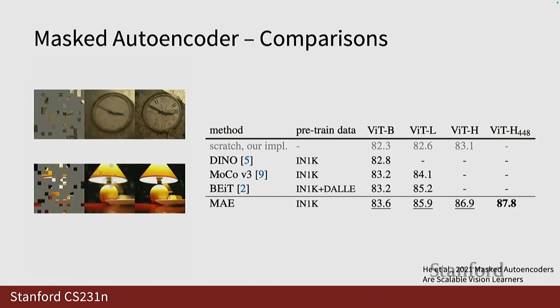Some of the other state-of-the-art methods were DINO and MoCo v3. If you have time, I will briefly go over them. But this framework was actually outperforming those, which were, at the time, more advanced frameworks of contrastive learning.